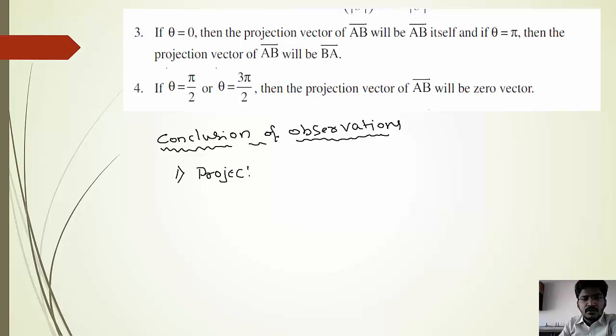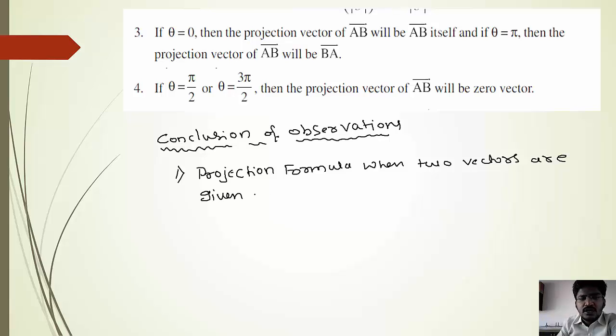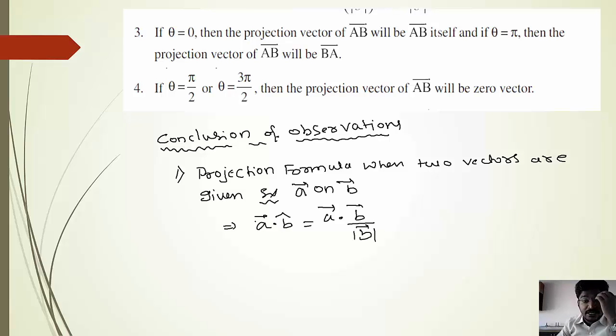Projection formula when two vectors are given, example A on B. Your formula will be vector A dot B cap, or it will be equal to vector A dot vector B divided by magnitude of vector B. The first important formula.